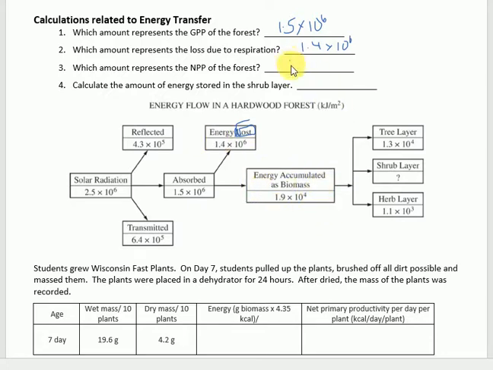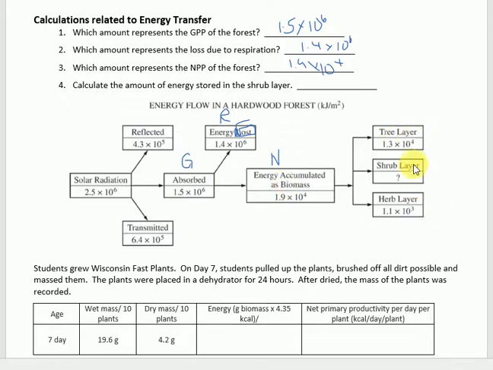So that would be your 1.9 times 10 to the 4th. So let's label these for you. Gross, respiration, net.